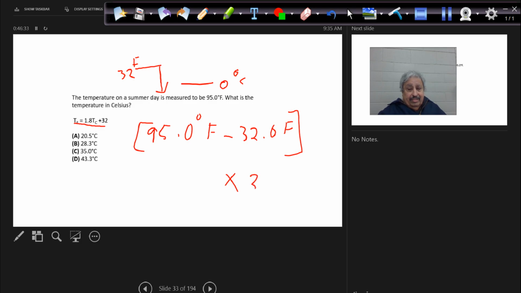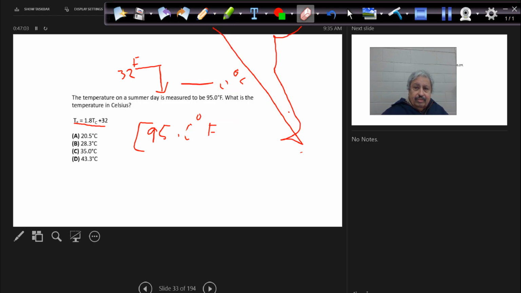It gives you the formula here, but I want to show you how to do it with the scale. Use the scale. 95 Fahrenheit, correct?